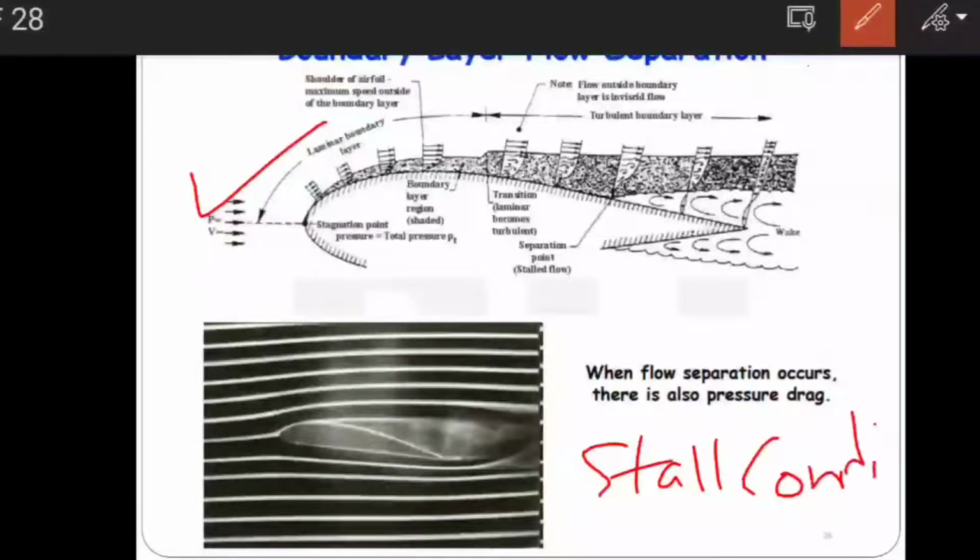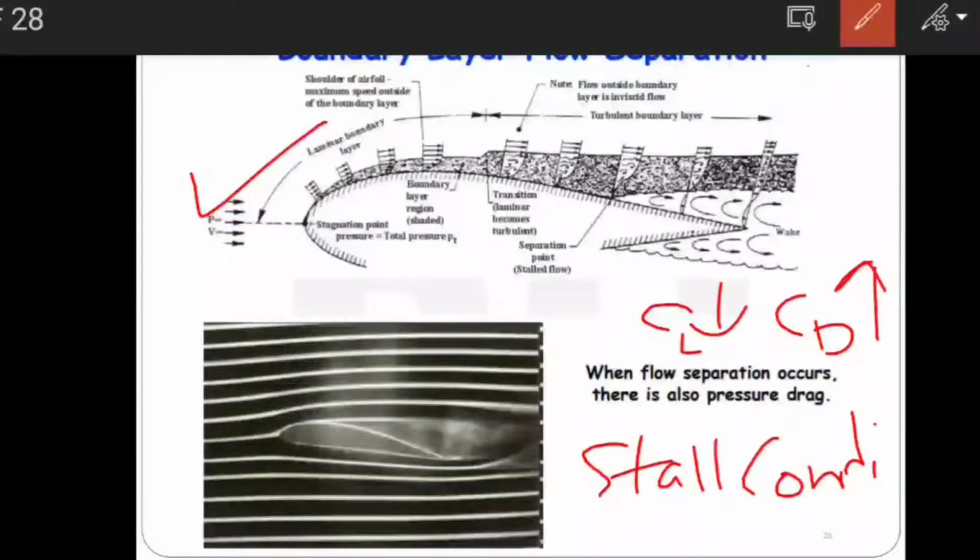Stall is an unfavorable and unacceptable condition that arises for a reason. The reason is boundary layer flow separation. At the stall condition, the lift coefficient decreases suddenly and the coefficient of drag increases suddenly. That's why stall is a very dangerous, wasteful and unfavorable condition.